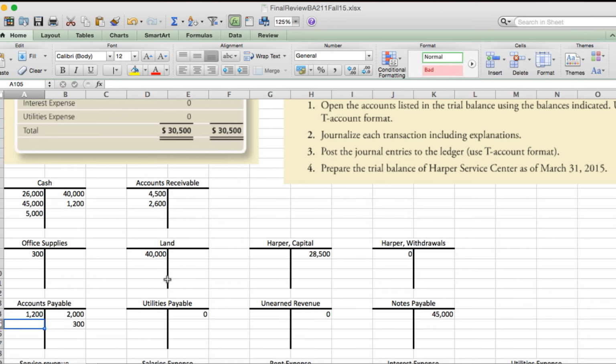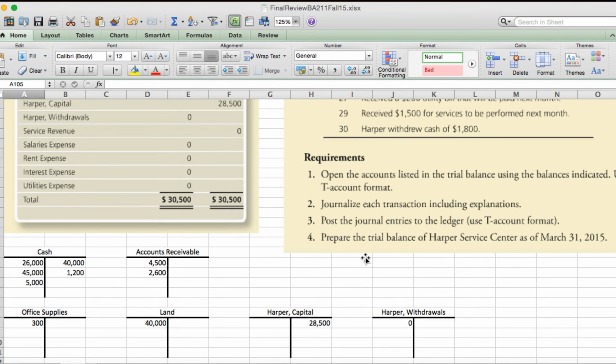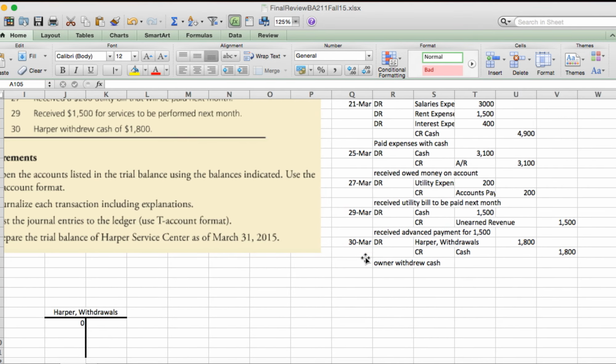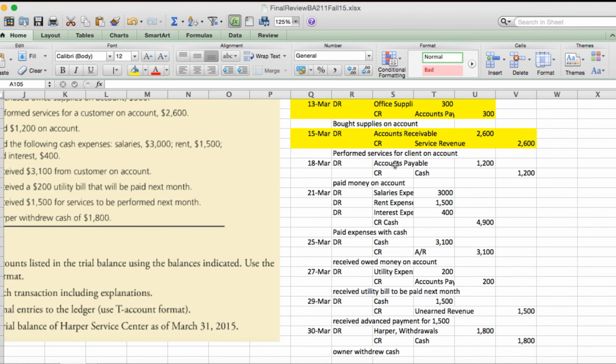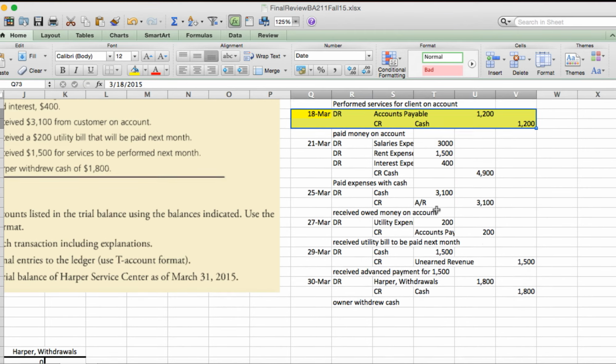I know this can get monotonous and tiresome, but you really just got to focus to make sure you're putting the stuff in the right debit or credit column. Obviously it's not that difficult to look at what you wrote here and transfer that to a T-chart, but with the simple stuff like that, that's when you tend to make the most easy mistakes just because you're not paying as much attention.